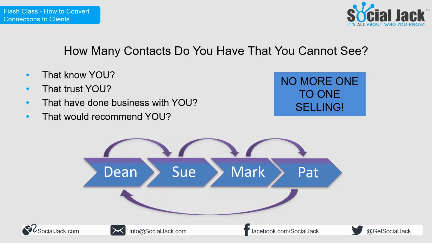So when you are connecting to someone on social media, we'll pretend, Sue, that I'm connecting to you, and all of a sudden, Sue, if you really like me and you really think that I have some value that I can bring, you're going to then connect me to maybe Mark, and I then become connected to Mark, and so on, and then Mark maybe gives me a referral to Pat, and so the network begins to grow.